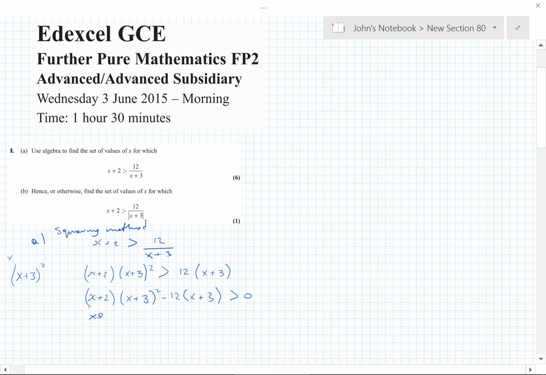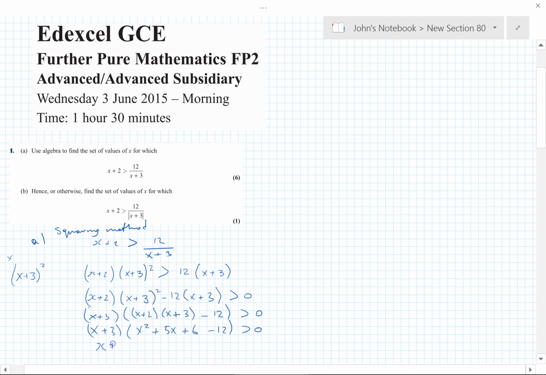Let's take x plus 3 out as a factor. So we have this, and let's multiply out. Plus 5x plus 6 minus 12.